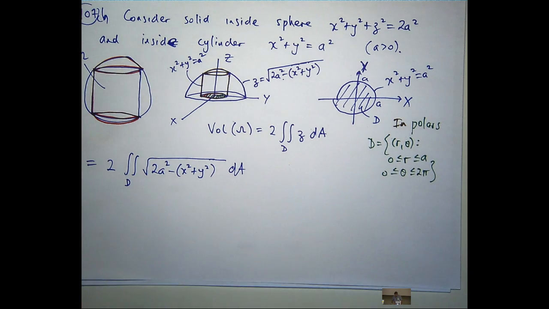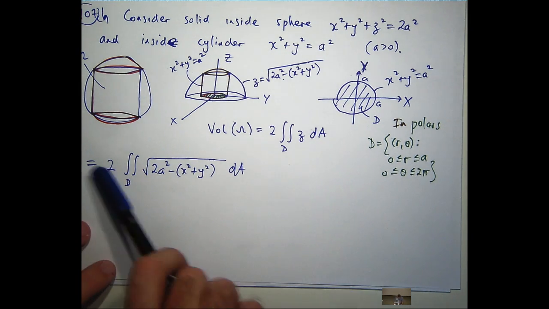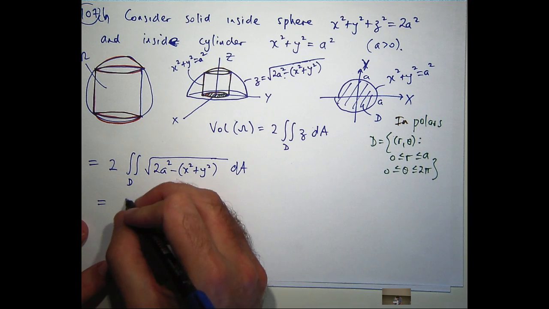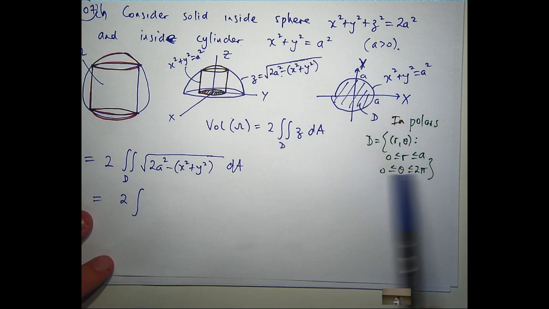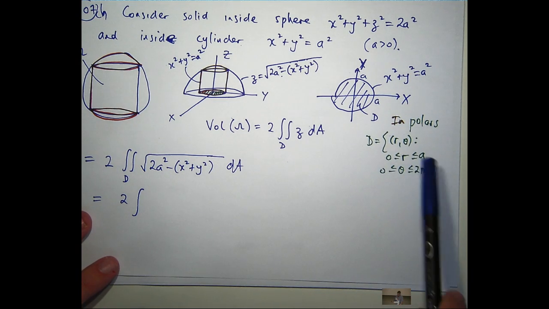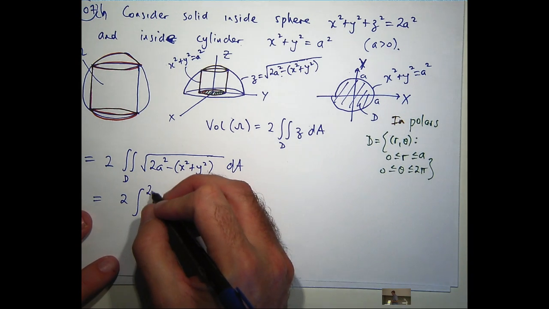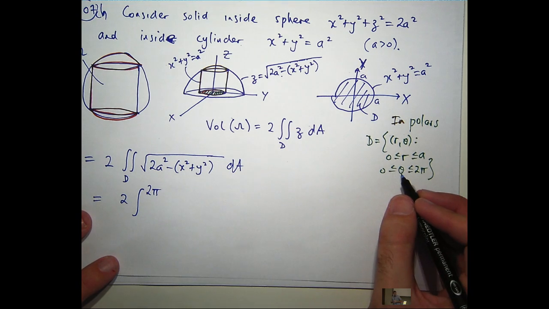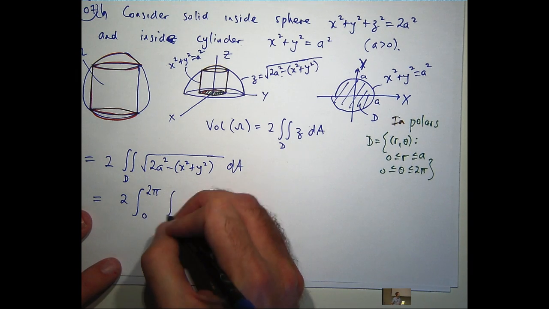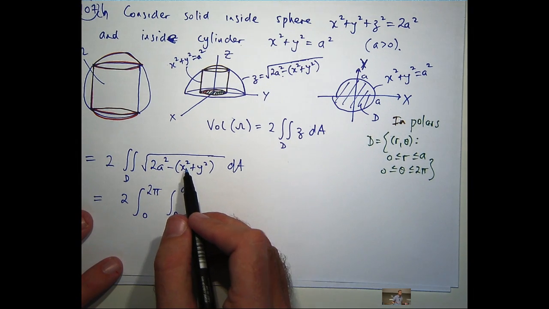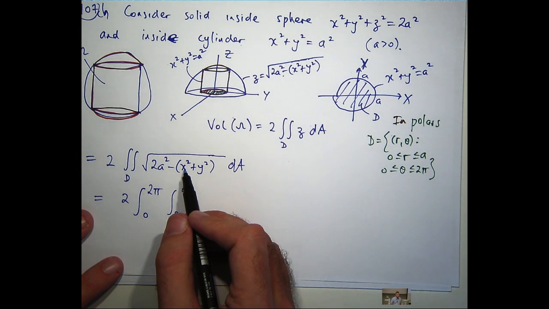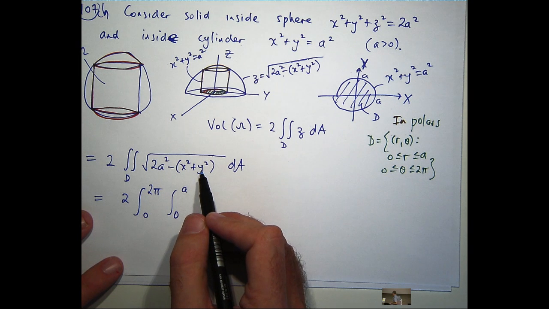Okay, so let's do it. It's going to be 2. It doesn't matter which way you do the integration in this case because it's just a polar rectangle, I guess. But I usually put the theta on the outside just for good measure. Now, you replace x with r cosine theta. You replace y with r sine theta.